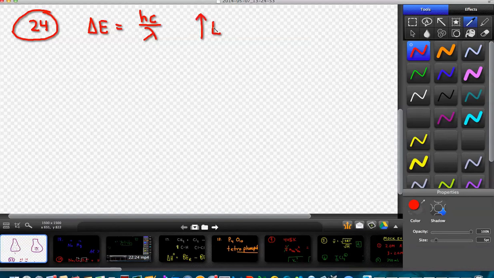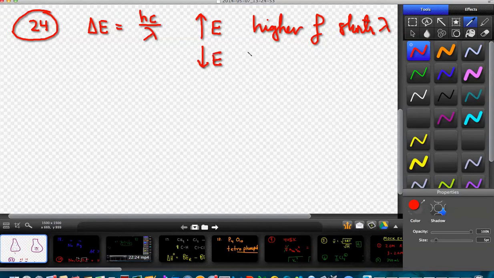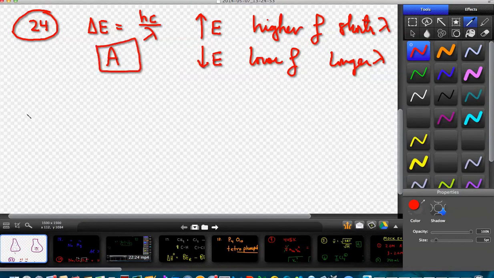Increasing energy, higher frequency, shorter wavelength. Lower energy, lower frequency, longer wavelength. So the shortest wavelength is A, which is the credited response for number 24.